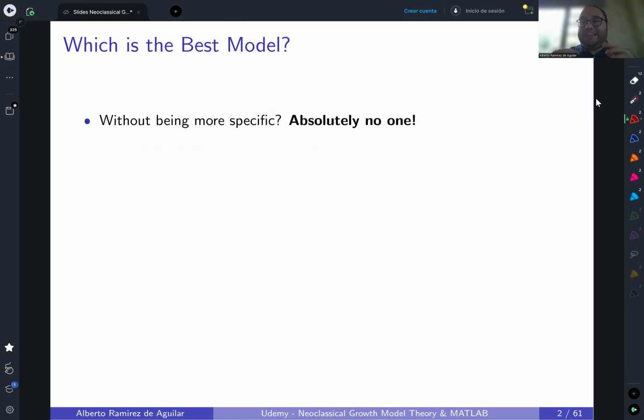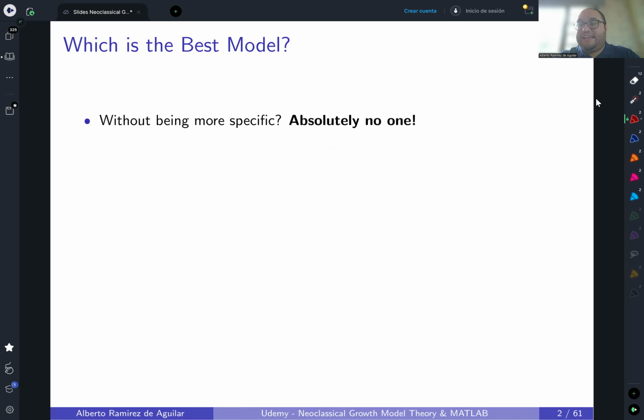The answer to which is the best model in general has a very simple answer, which is no, there's no model that is better than any other model in general.